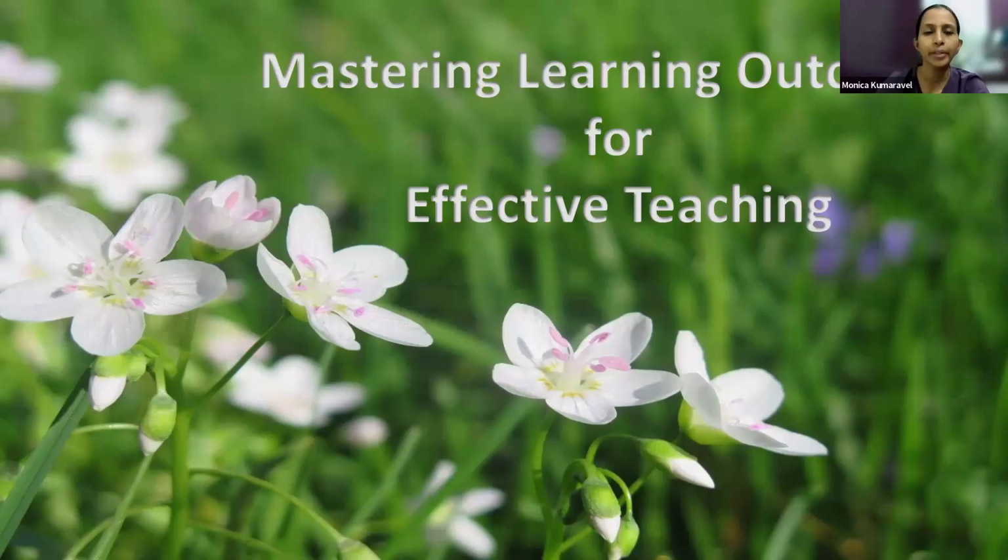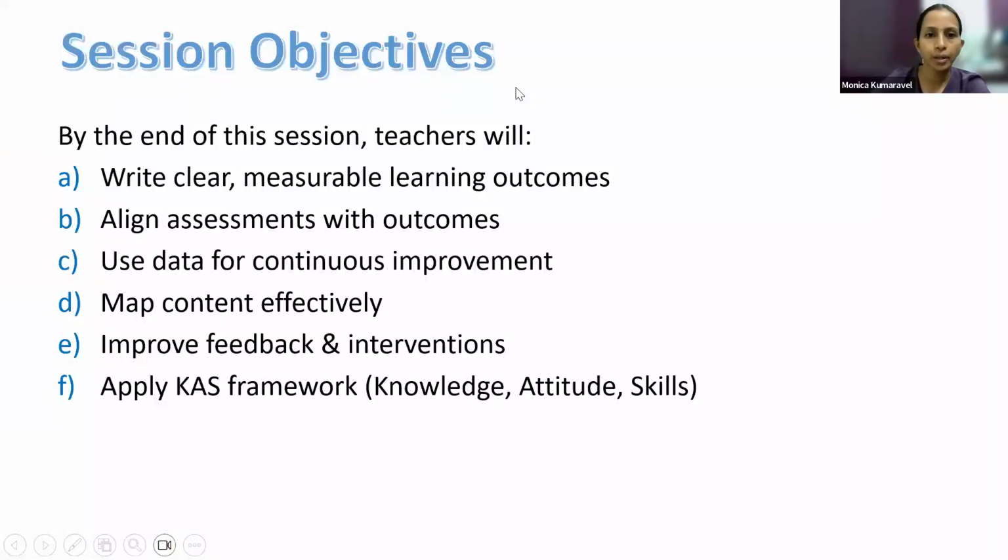Yeah, so that gap between the teaching and the actual learning is exactly what today's session is all about. By the end of this session, you will be able to write clear and measurable learning outcomes, align your teaching and assessments, use data to improve your student learning, and give meaningful feedback, like we have seen in the previous pre-webinar activity.